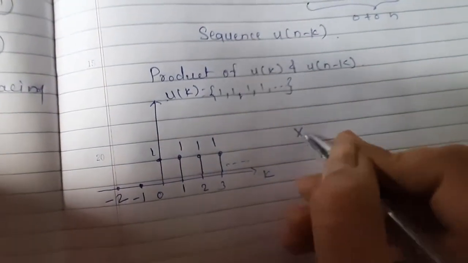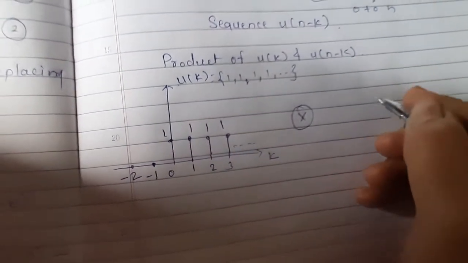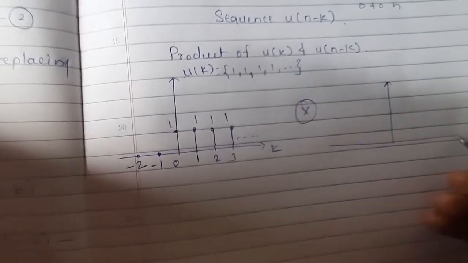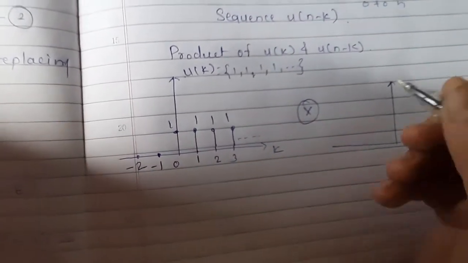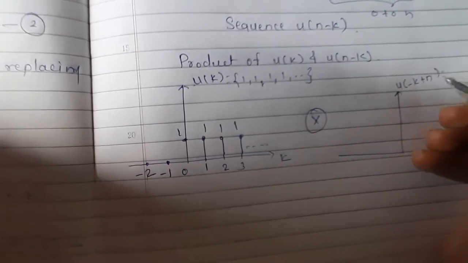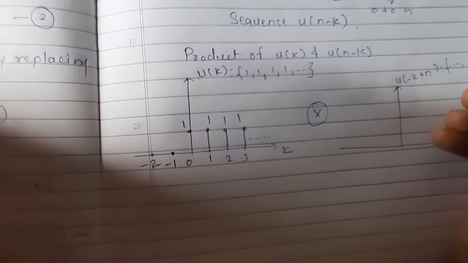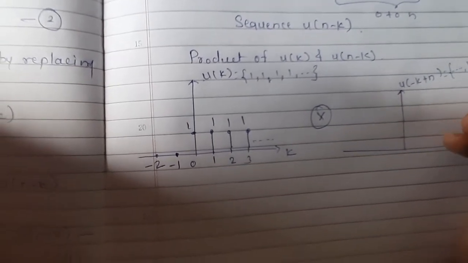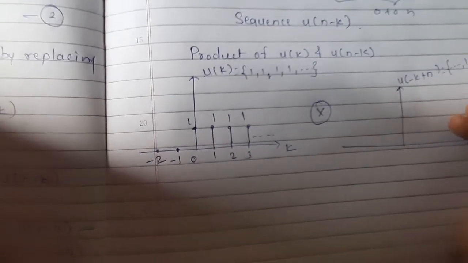Now multiplication with u of n minus k. So this is k, u of minus k plus n or n minus k. It is dot dot 1 1 1 dot dot 1.